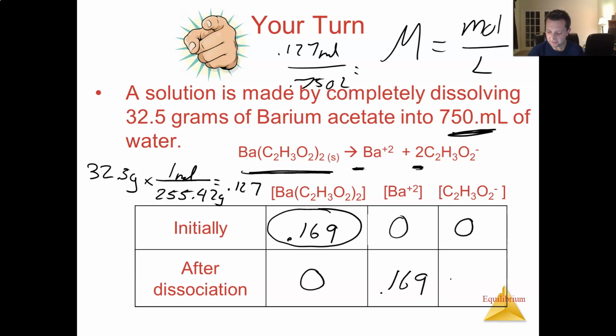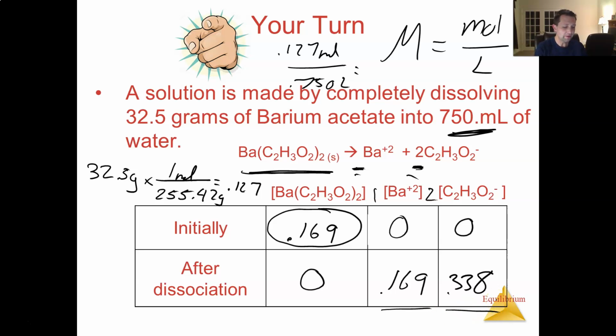So 0.169 times 2 gives us 0.338. So 0.338 molar is what we have for the concentration of the acetate ion. Okay, makes perfect sense. We have a 1 to 2 ratio. Okay, so we should have a 1 to 2 ratio after dissociation.